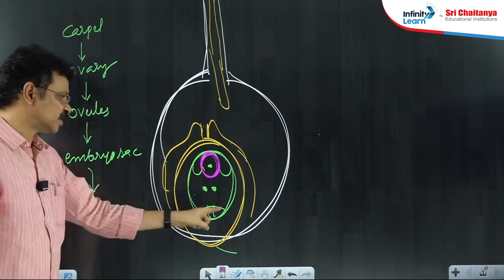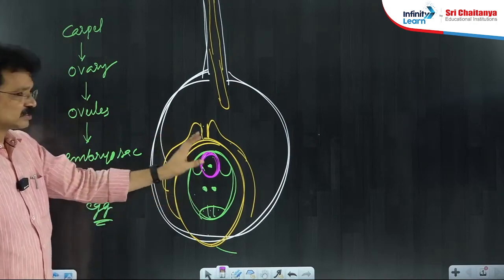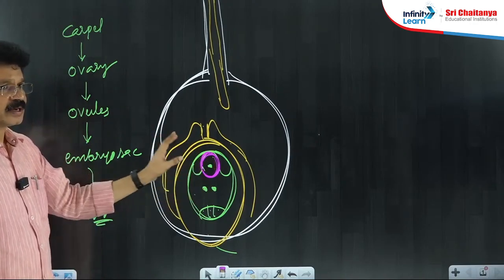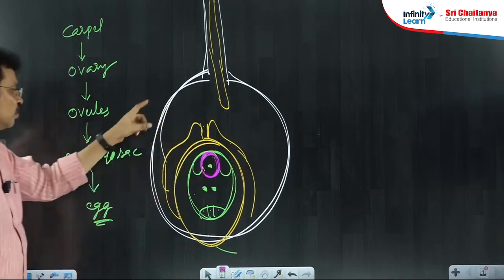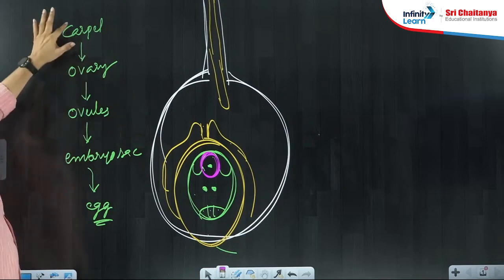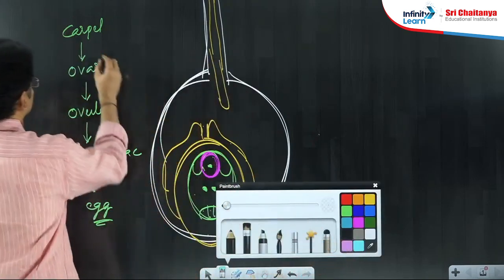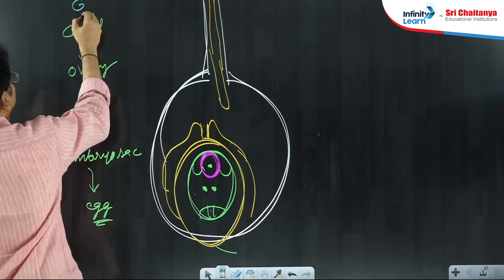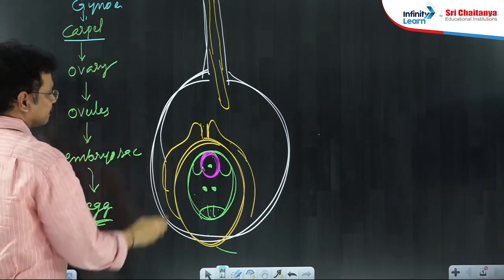The egg is found inside an embryo sac. The place of the embryo sac is inside the ovule. The place of the ovule is inside the ovary. The ovary is part of a carpel. The carpel is part of the gynoecium. The gynoecium is the female reproductive part of a flower. The gynoecium possesses one to many carpels.